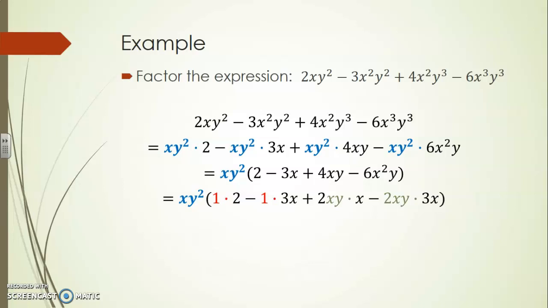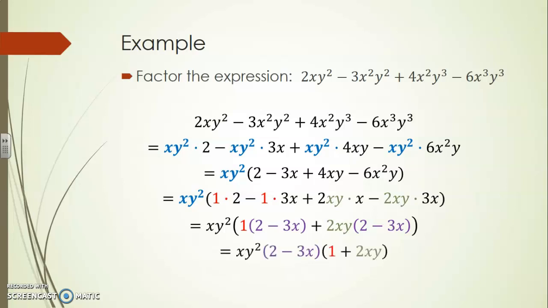So we could extract or factor 2xy from that pair. And lo and behold, we have 2 minus 3x appearing as a common element to each pair. 2 minus 3x can therefore be extracted, factored to the front, and now we have a completely factored form for our original polynomial.